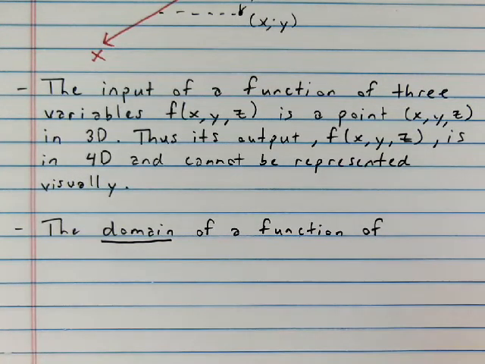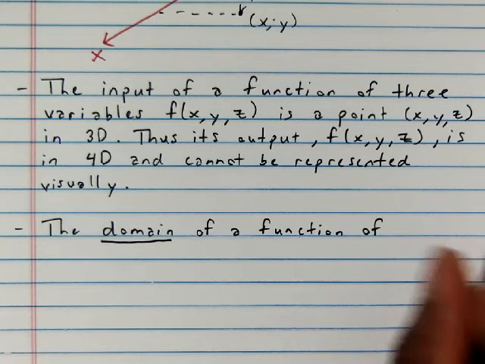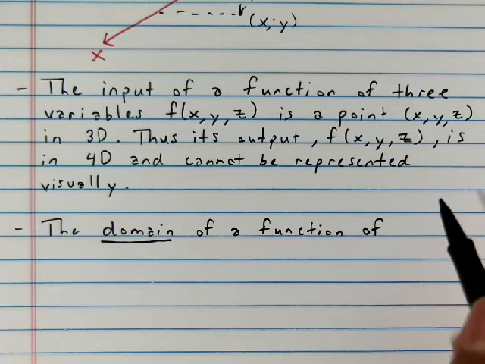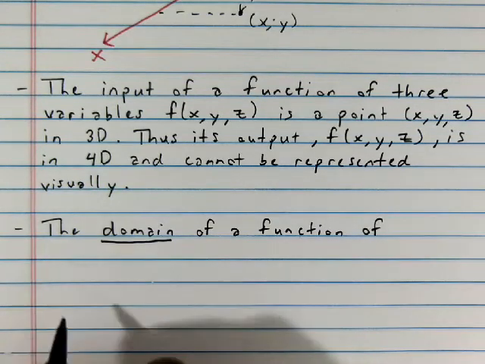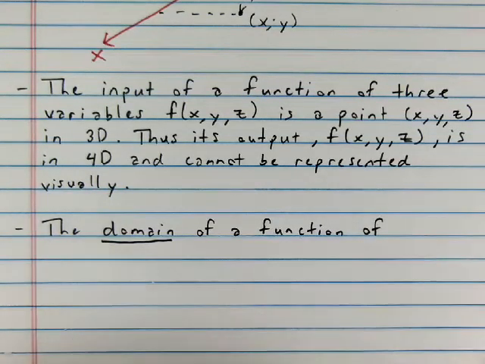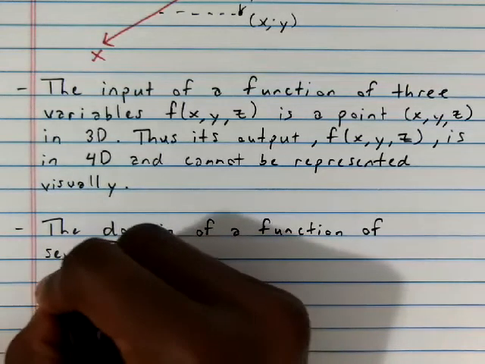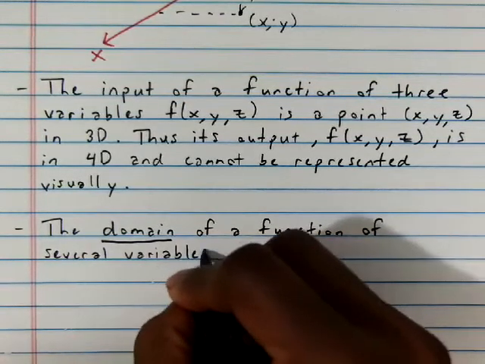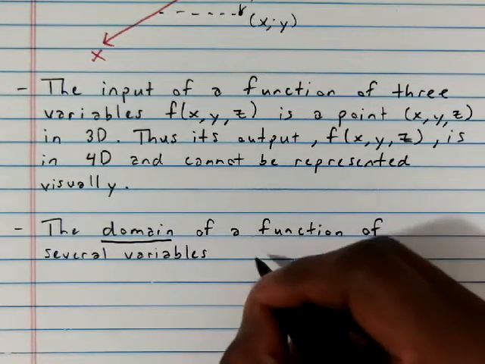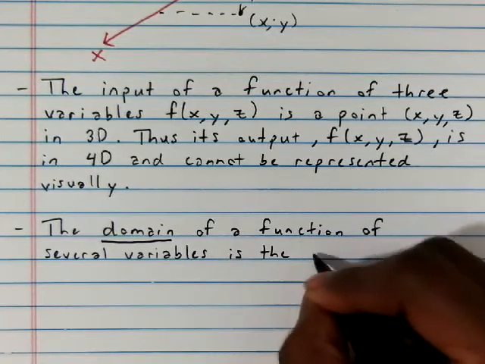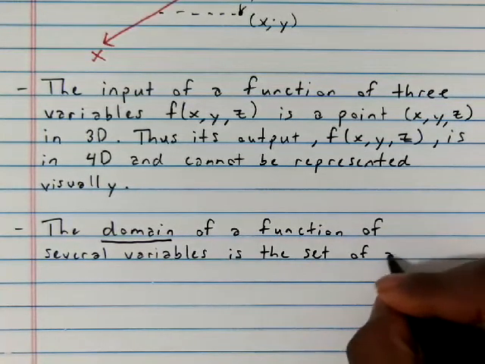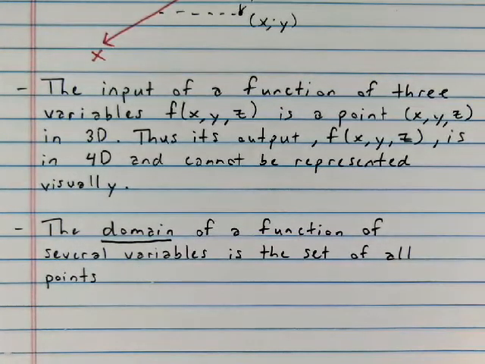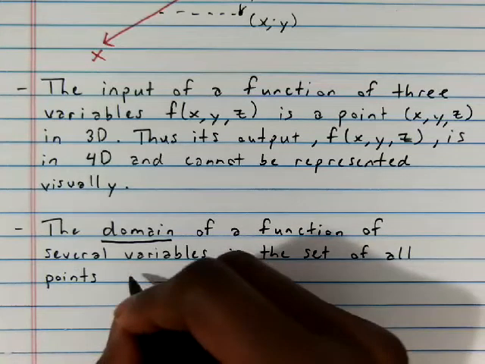Our section is titled functions of several variables, but we won't go beyond 2 variables, even though these things still apply. So the domain of a function of several variables is the set of all points for which the function is defined.